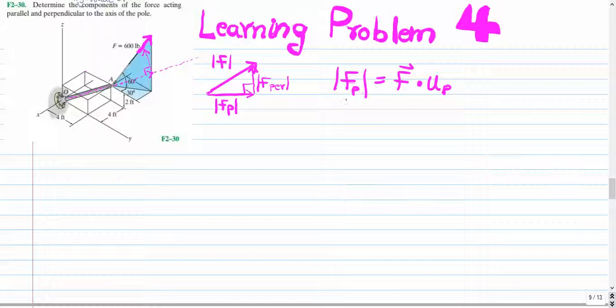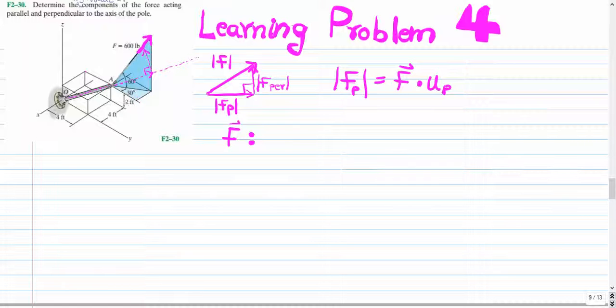So in order to find this magnitude, we need the force vector and we need the unit vector in direction of the pole. So let's start by finding the force vector F. To find the force vector F, we can just use the angles that they have given us in this diagram. For the force vector they haven't given us the length measurements.